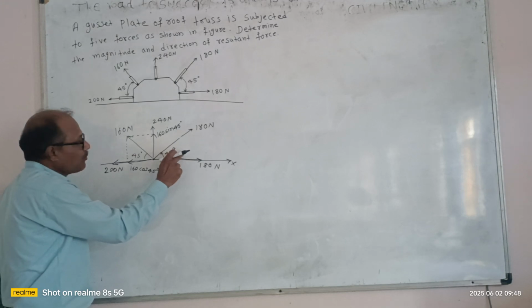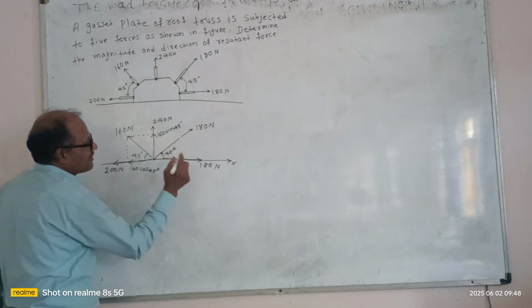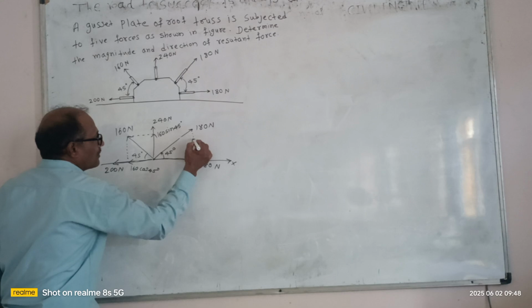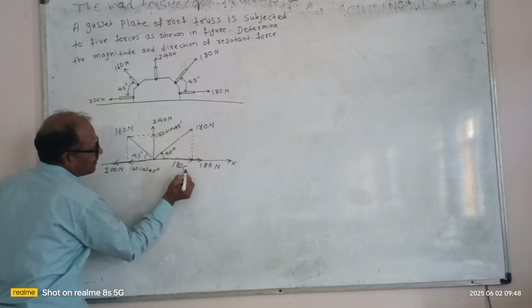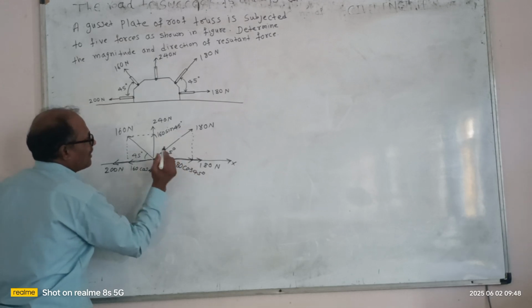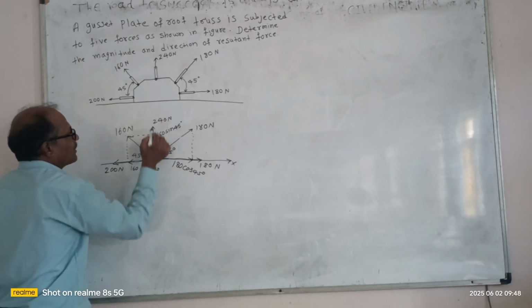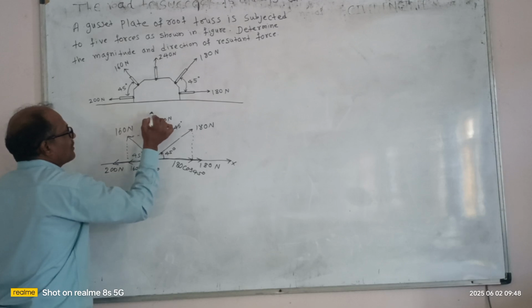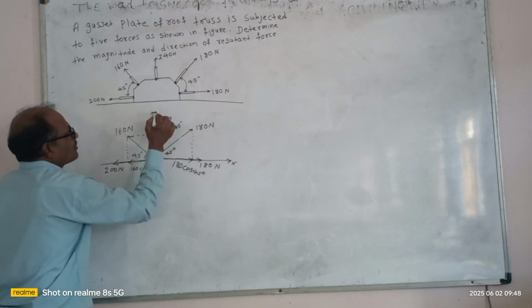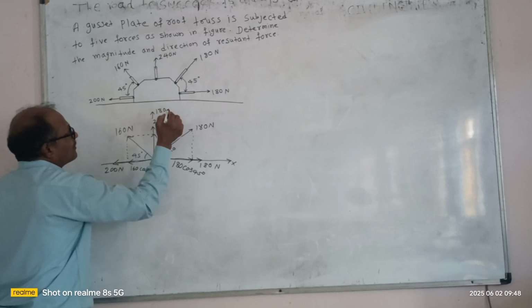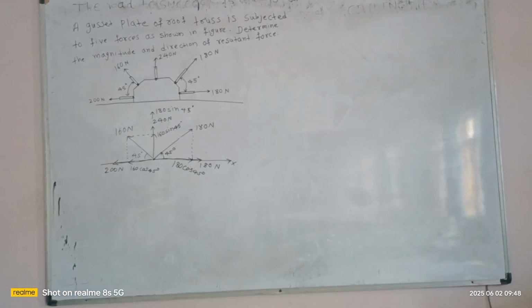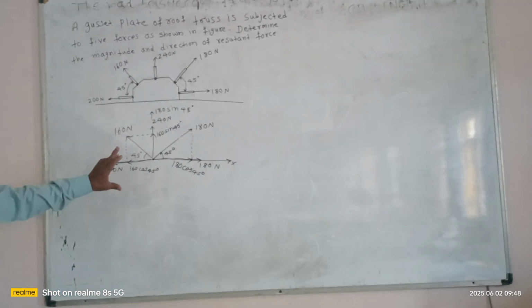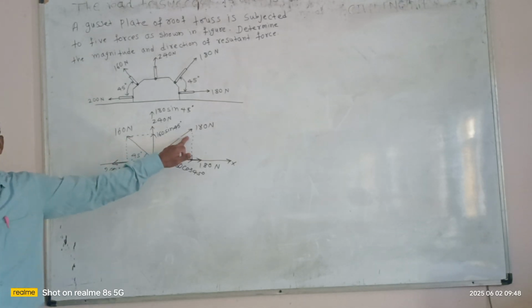This force makes an angle of 45 degrees with the x axis. So its x component will be 180 cos 45 degrees, and its y component is 180 sin 45 degrees. In this way, we resolve these two inclined forces.